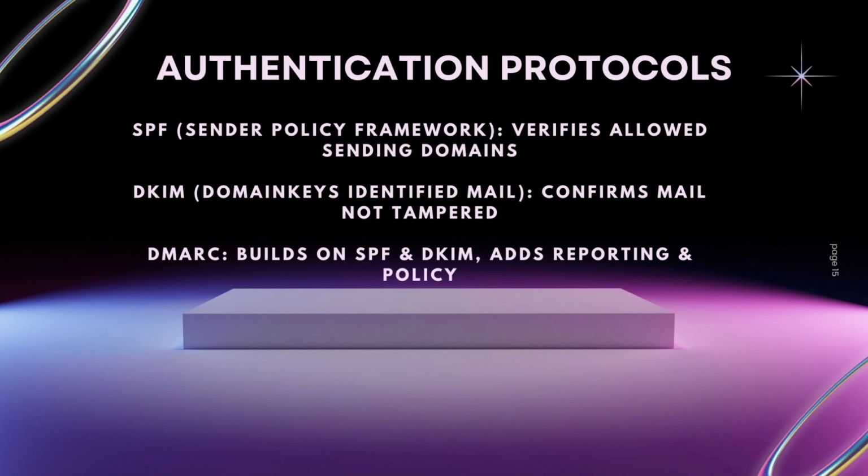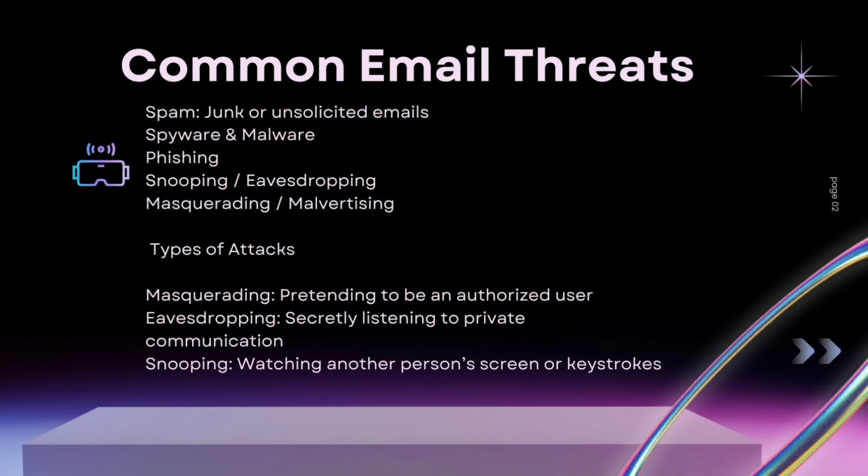Now let's talk about the common email threats. Emails face several security threats, as we all know, such as spam, spyware and malware, phishing, snooping, eavesdropping, masquerading, and malvertising. Spam is junk or unsolicited email.